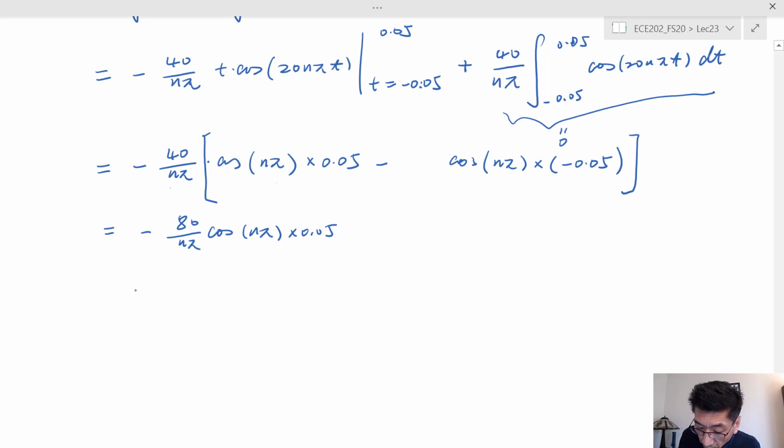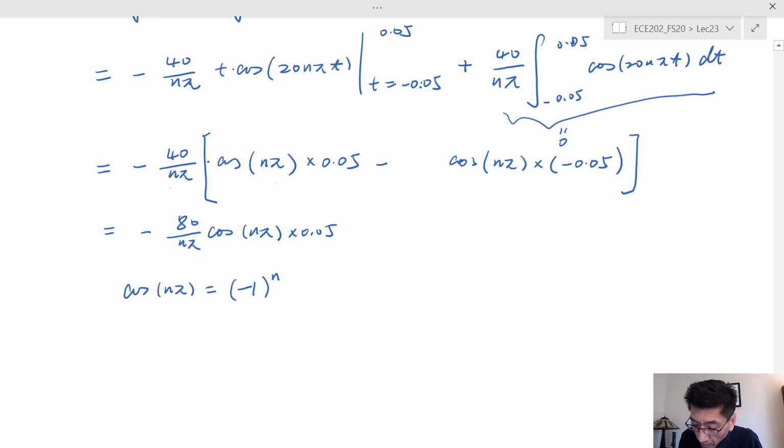And also cosine n pi is equal to negative 1 to the power n. Right? Every time you add a pi, because the cosine of pi is negative 1, right? Every time you add 1 pi to the cosine function, you get negative 1.